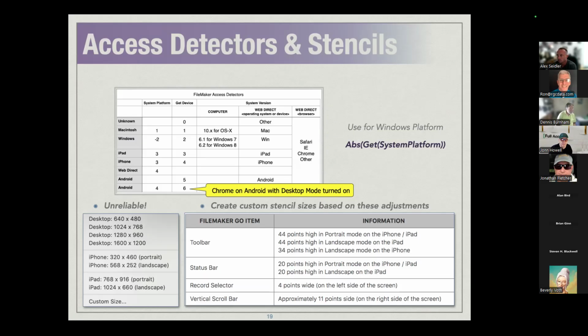The stencils make it better than not having anything at all to work with. There are some custom stencil sizes that you can use for the toolbar, the status bar, the record selector, and the vertical scroll bar that are a little more specific than what you see in the stencil list in layout mode.